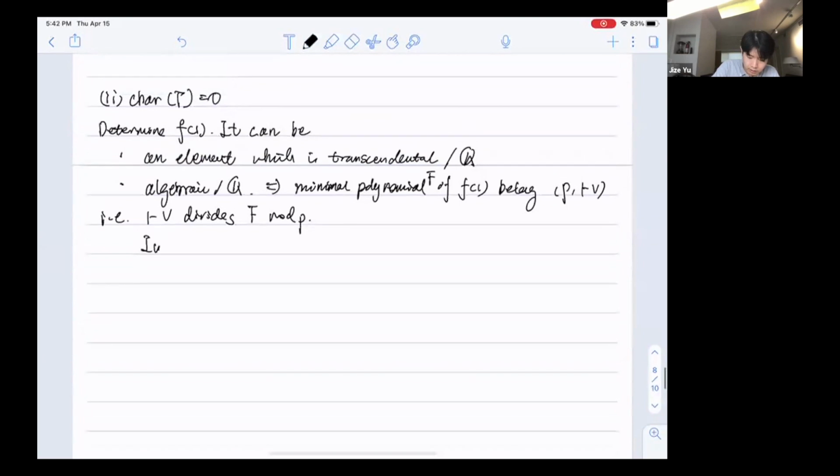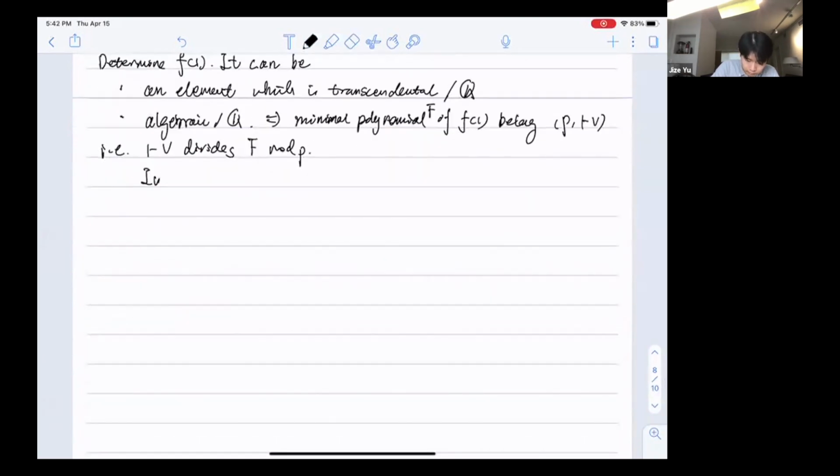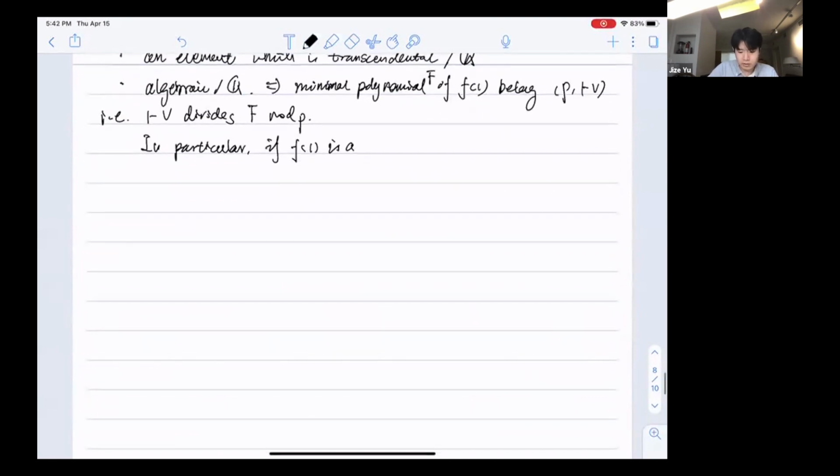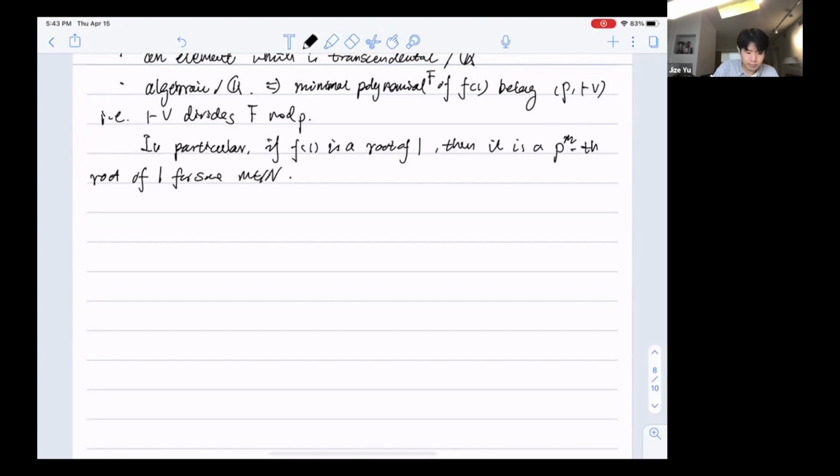So in particular, if it is a root of unity, then it is some p-power-th, excuse me, some m-th root of unity for some natural number m.